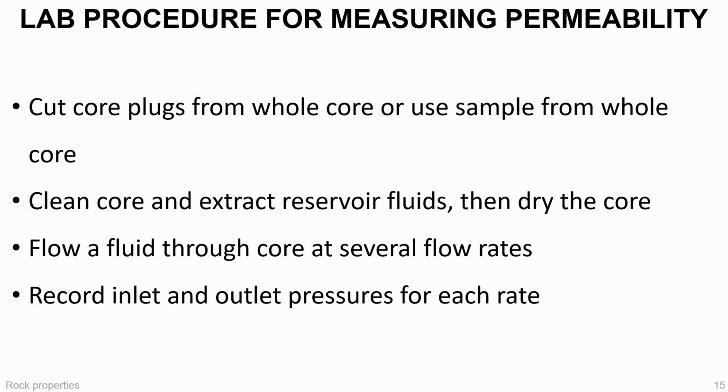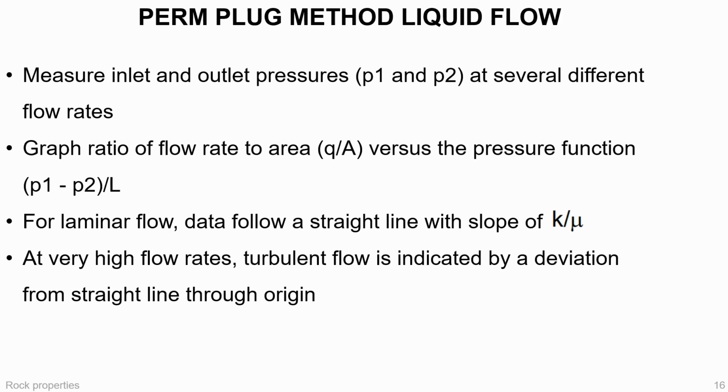Testing at multiple flow rates is essential because it confirms whether the flow follows laminar behavior and also helps reveal any non-Darcy or turbulent effects that may influence the measurement. As a quality control step, we plot flow rate per area versus pressure drop per length.